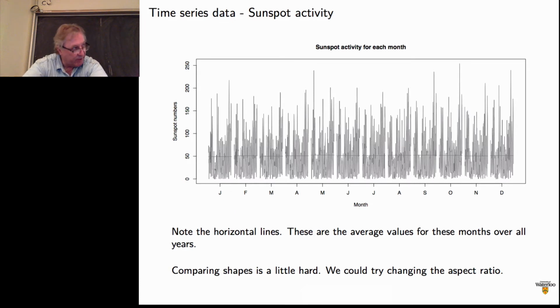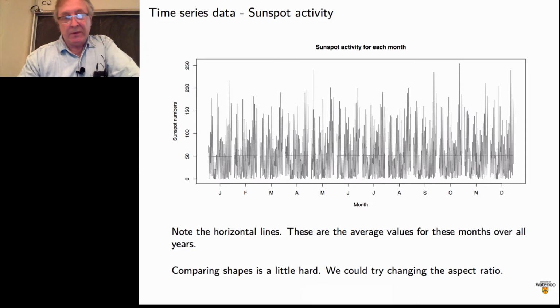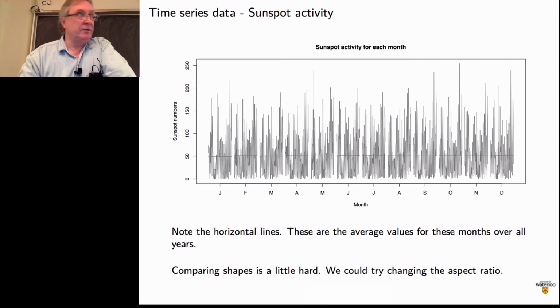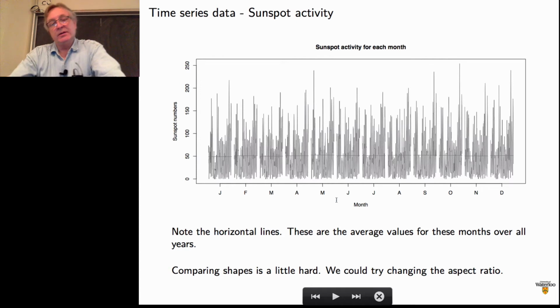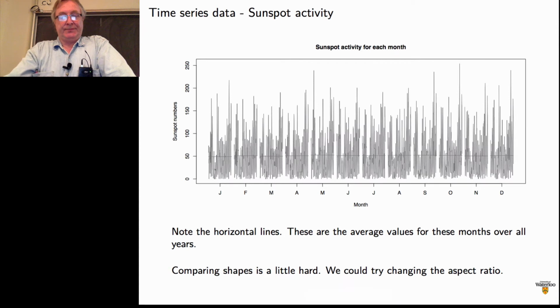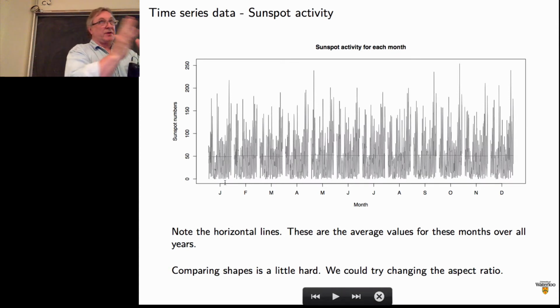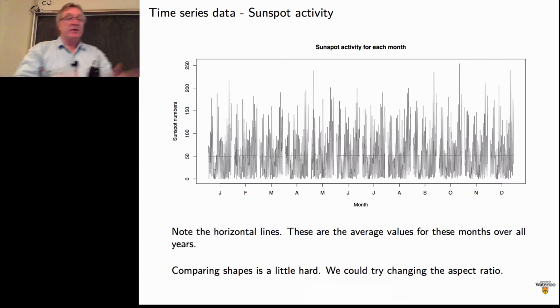You can question how valuable that is. What's it showing? Well, it's showing the time series over all of those couple of centuries, two and a bit centuries, and it's showing it for every month. There's the time series for January, there's the time series for February, etc. So you get to see whether this compressed aspect ratio pattern, the long range behavior, is the same for each of these months.